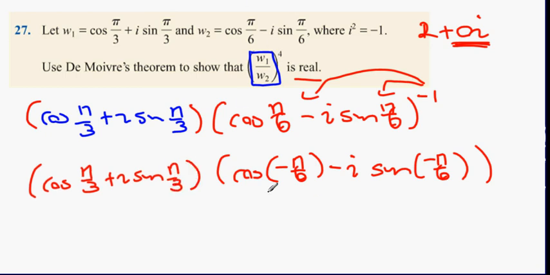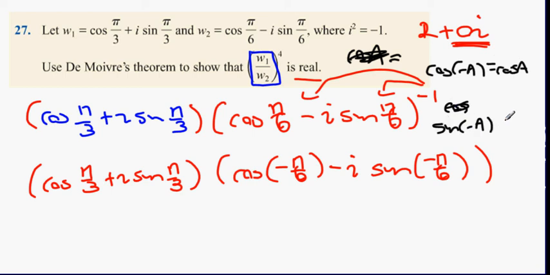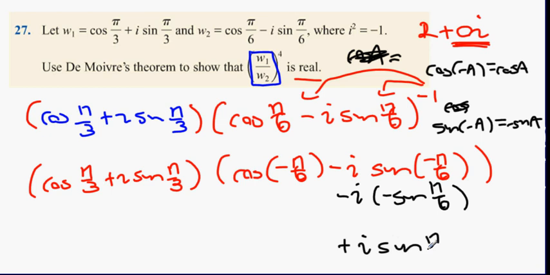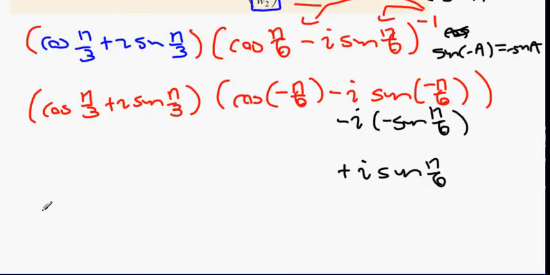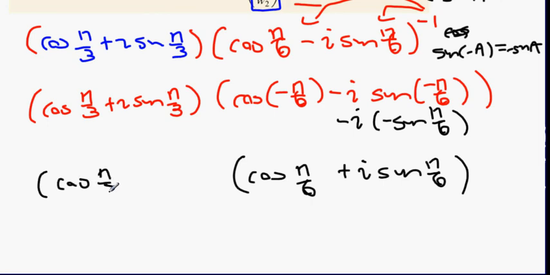Now, next thing is we've got to remember that cos of minus A equals cos A, and sine of minus A equals minus sin A. So this one here is basically minus i times minus sin pi over 6, which is plus i sin pi over 6, and it's going to be cos pi over 6, then cos pi over 3 plus i sin pi over 3.